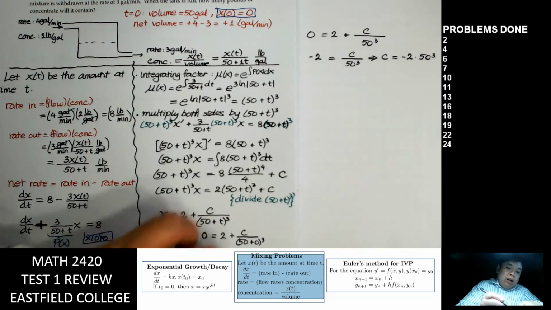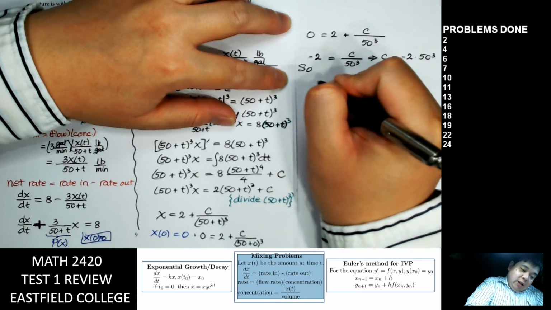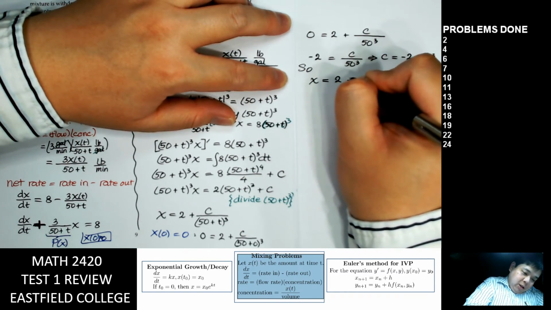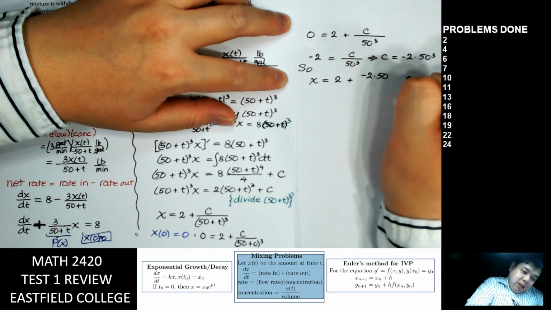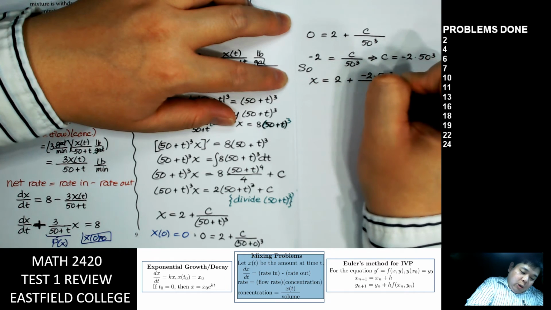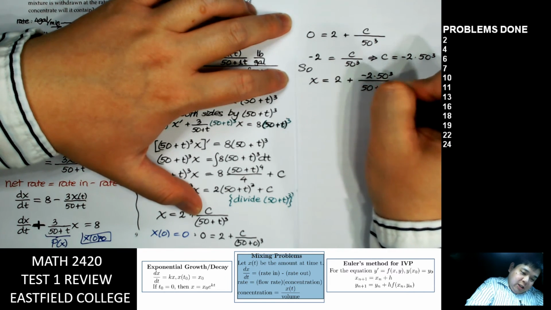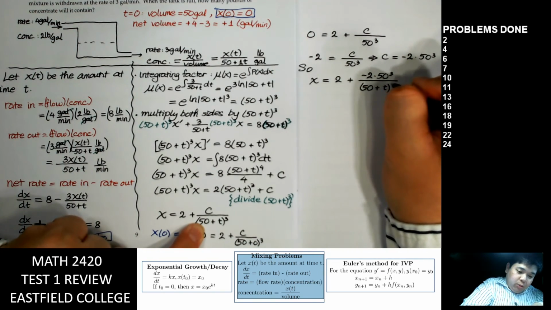Well, big number. So we have the equation is 2 plus negative 2 times 50 cubed over (50 plus t) cubed. Yeah, we put in this equation cube.